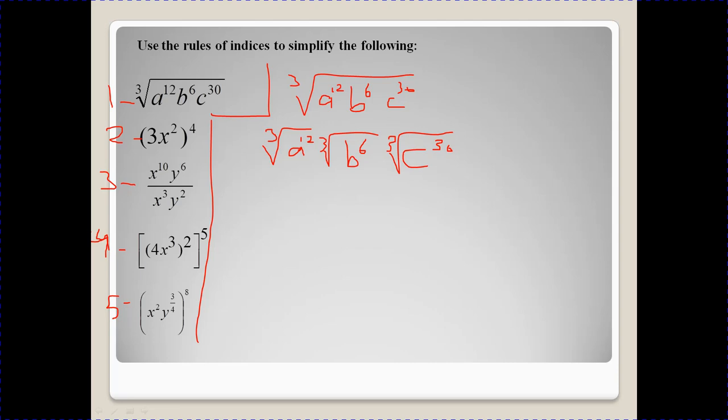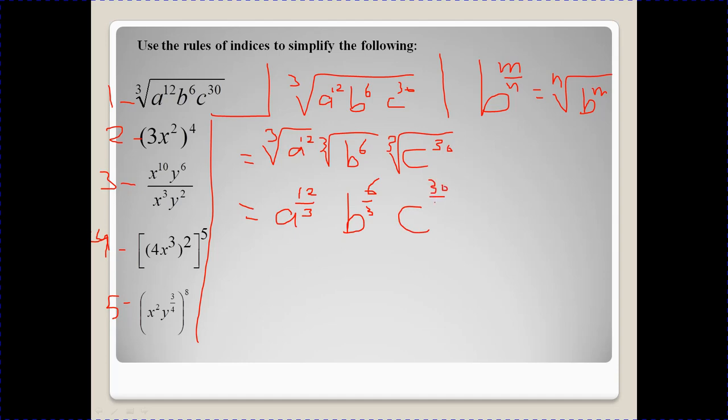Now I'm going to use the rule p to the power m over n, which is the nth root of p to the power m. So I'm going to apply this rule in every one of them. So this will be a to the power 12 over 3, b to the power 6 over 3, c to the power 30 over 3.